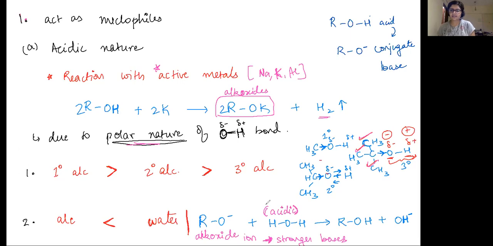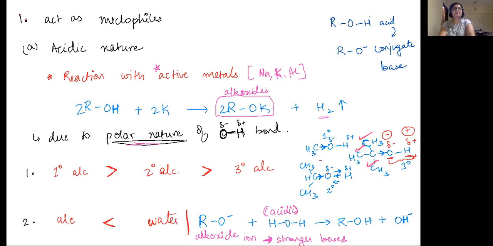Ria is asking, so alkoxides are more basic than hydroxides? Compared to hydroxides, I'll have to check the Kb values, Ria. I am not too sure. I'll just have to do a quick Google search of the pKb values, then I'll be able to say.